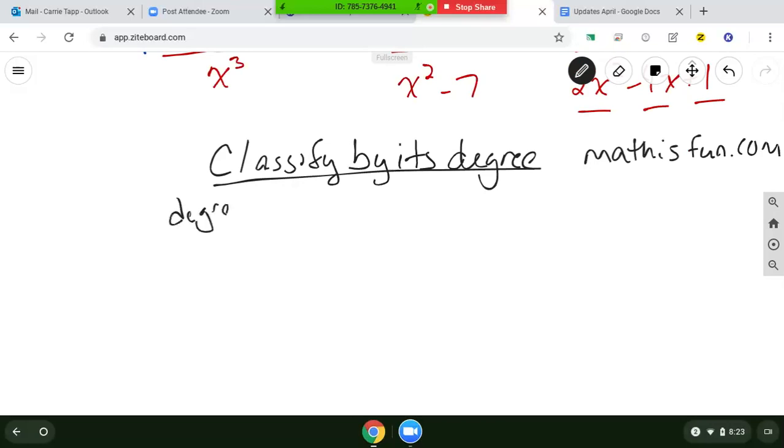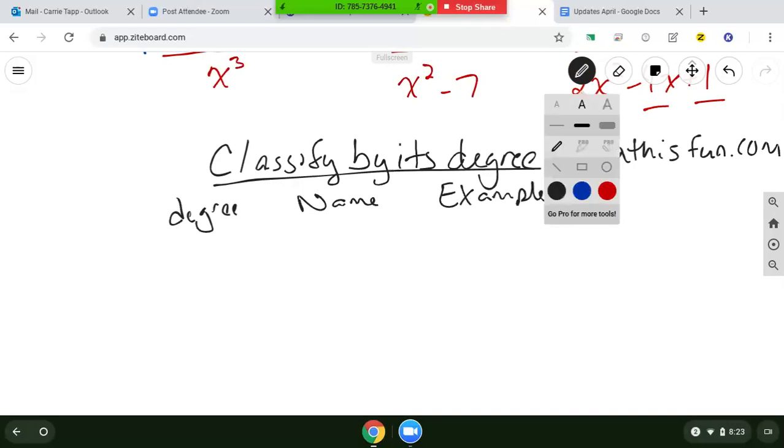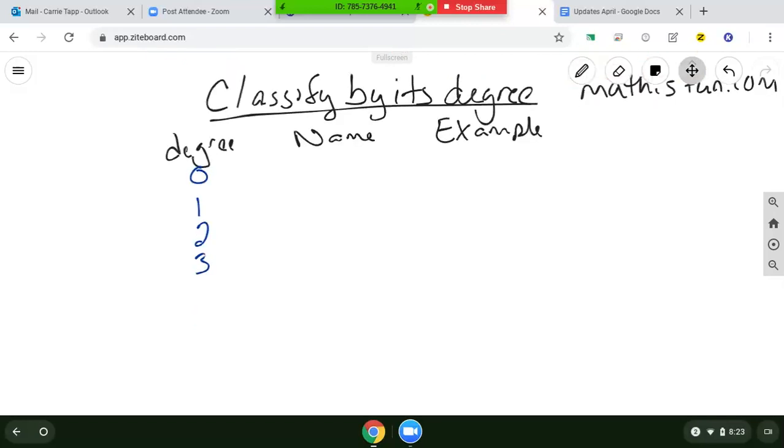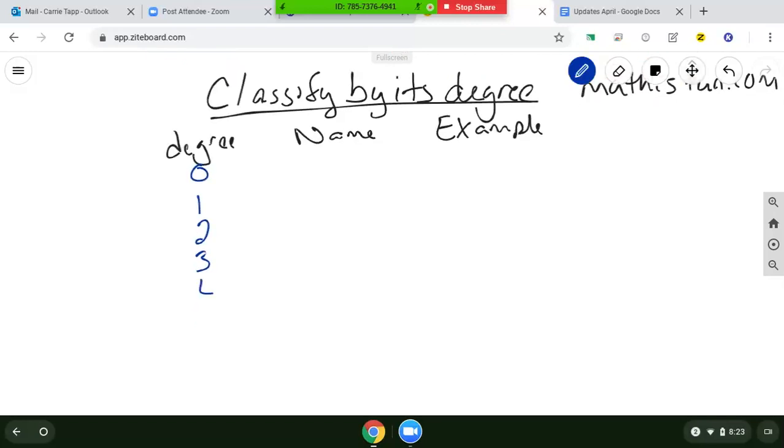It's going to be degree, it's going to be the name, and then an example. Okay, so we're going to look at several degrees. So we'll look at 0, 1, 2, 3, 4, and 5. That's just what they usually, we only do 0 through 3 for the most part, but since they had it on the chart, I'm going to go over them.